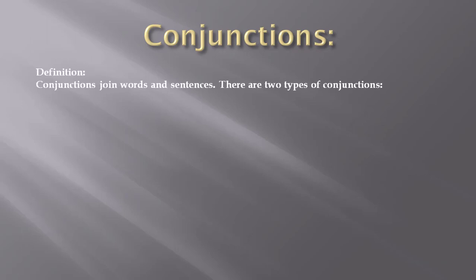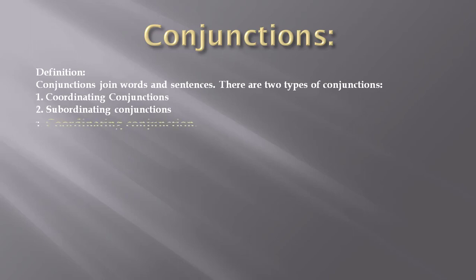Conjunctions. Conjunctions join words and sentences. There are two kinds of conjunctions. Number 1, coordinating conjunctions. Number 2, subordinating conjunctions. Coordinating conjunctions join sentences of equal rank.